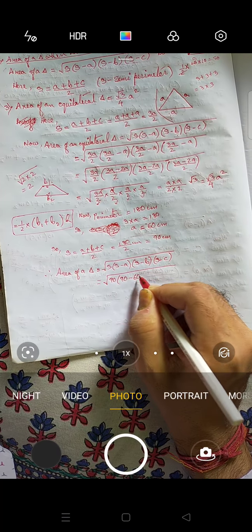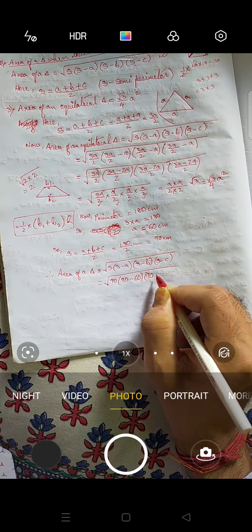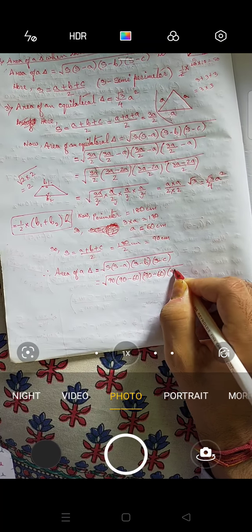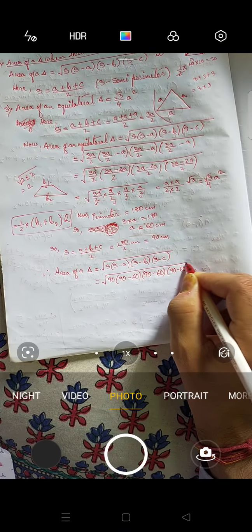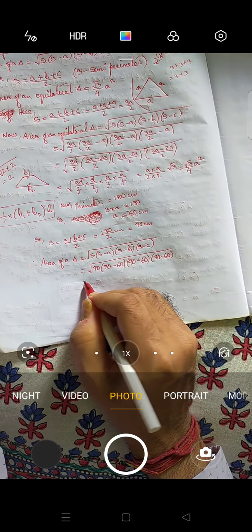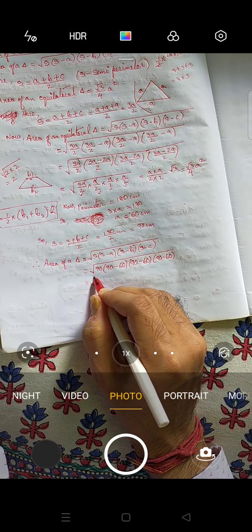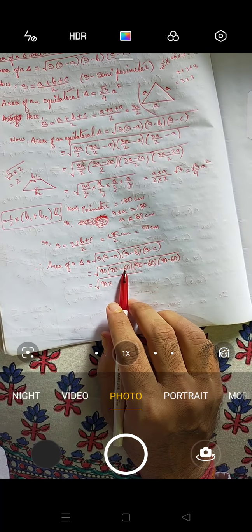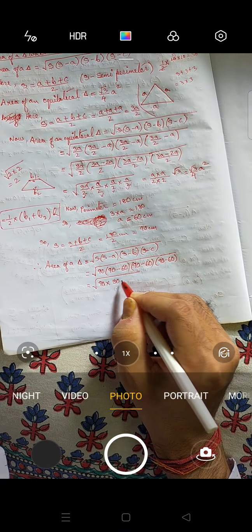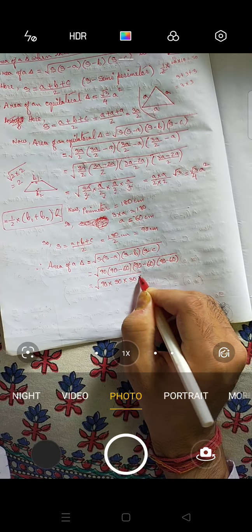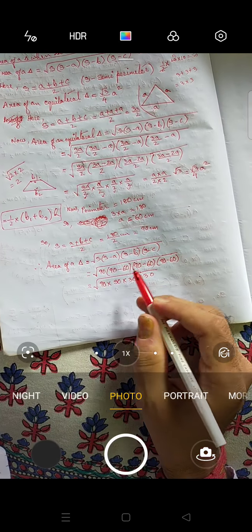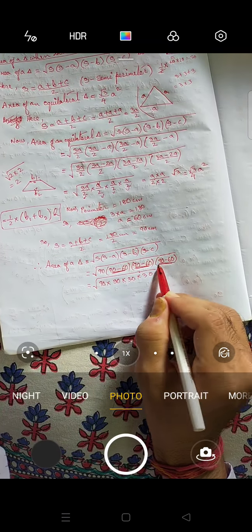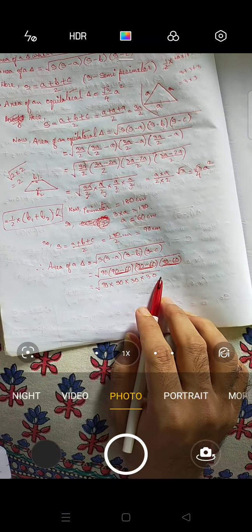So 90 minus 60 into 90 minus 60 into 90 minus 60. Any problem? Now this can be written as 90 into 30 into 30 into 30. After subtracting, we got 30, this is also 30, this is also 30.